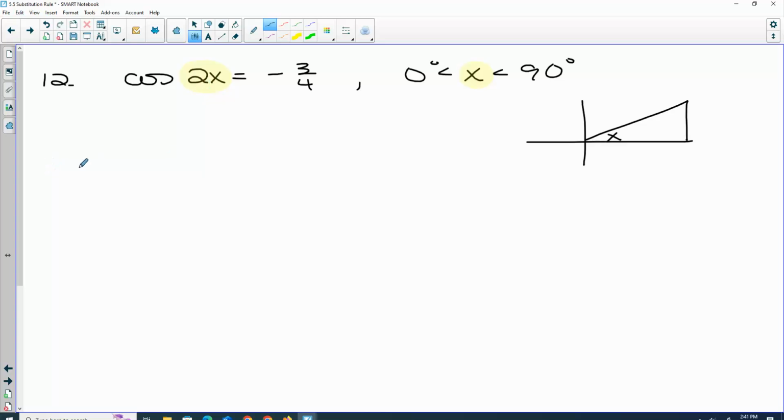Alright, I need sine and cosine of regular x. So you pick an identity to start with. Preferably not the one with both sine and cosine, but either of the other two. So I heard 2 cosine squared x minus 1. We know cosine of 2x, that whole thing is equal to that value.